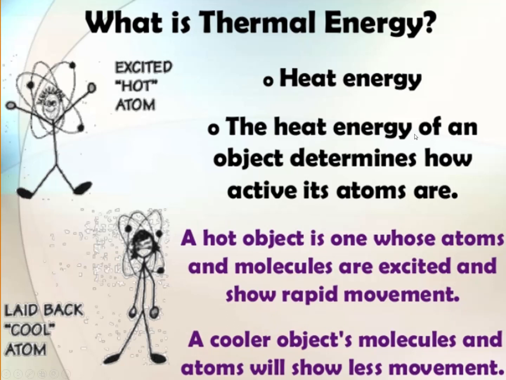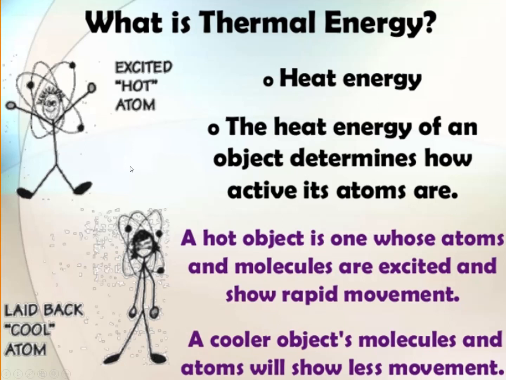The heat energy of an object determines how active its atoms are. A hot object is one whose atoms and molecules are excited and show rapid movement. And in a cooler object, molecules and atoms will show less movement.